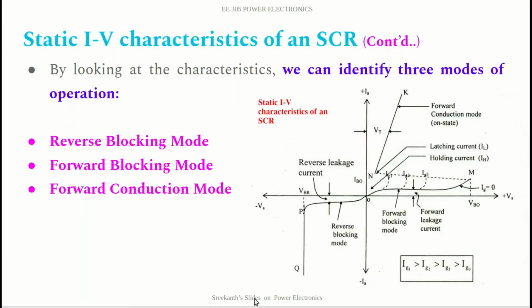Now, as I explained, by looking at the characteristics, we can identify three modes of operation. One is reverse blocking mode, another one is forward blocking mode, the third one is forward conduction mode. Which one is the reverse blocking mode in this characteristics? Let's just take color.